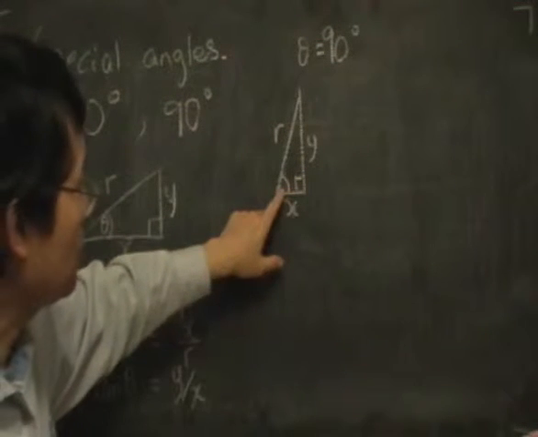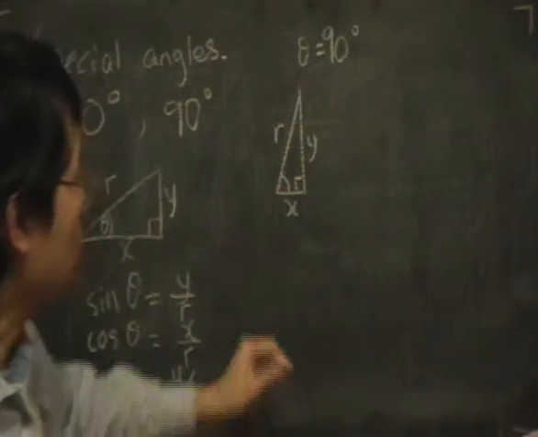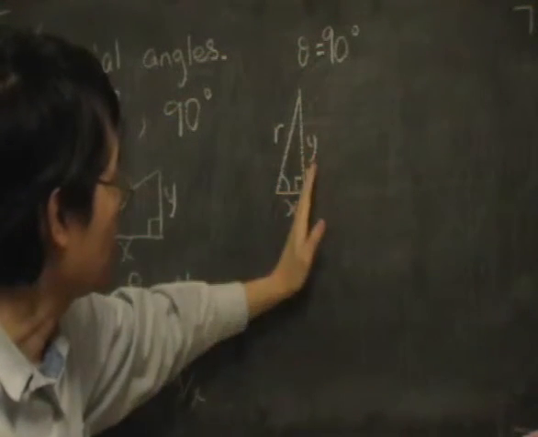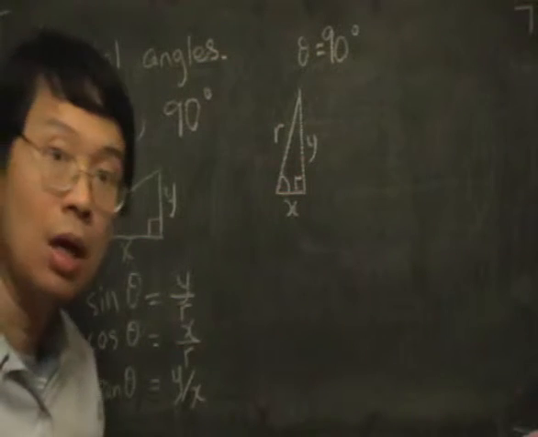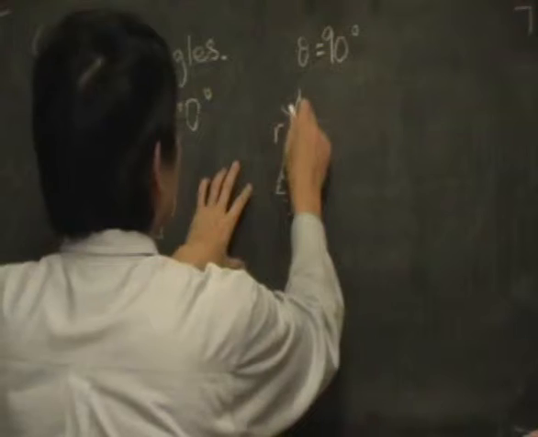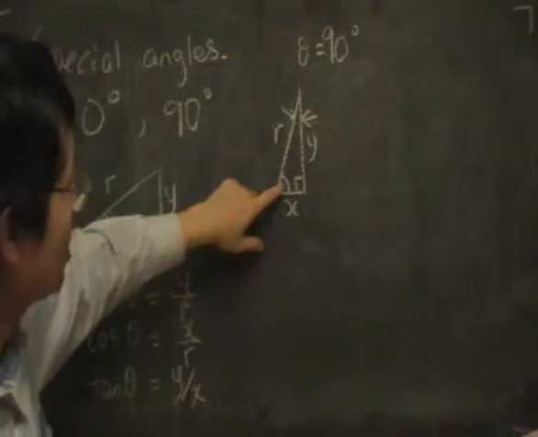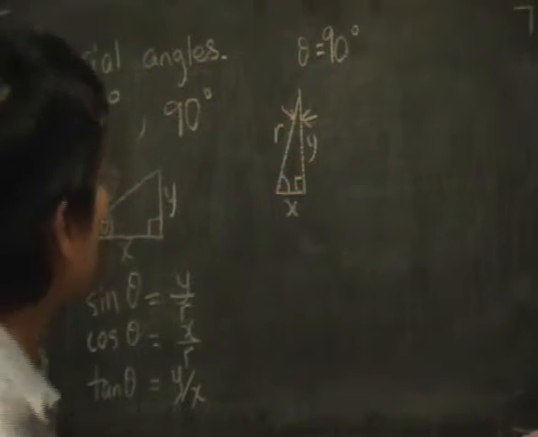And you can also see that if this angle actually reaches 90 degrees, the y here, this opposite side, would actually meet with the r, simply because if that angle goes to 90, this angle must go to 0, right? Because the sum of those two angles must always be 90 degrees.